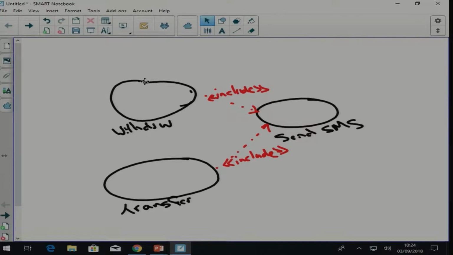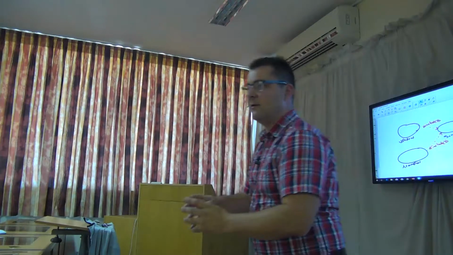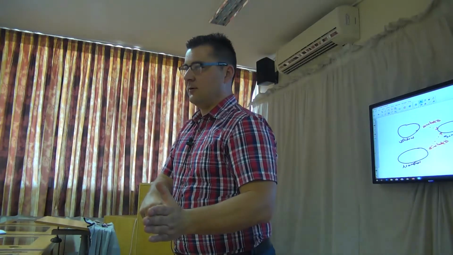So by saying that, the sending SMS in this case might have been an include use case. It is always going to be done. What does include mean? It will always happen. So it's compulsory.